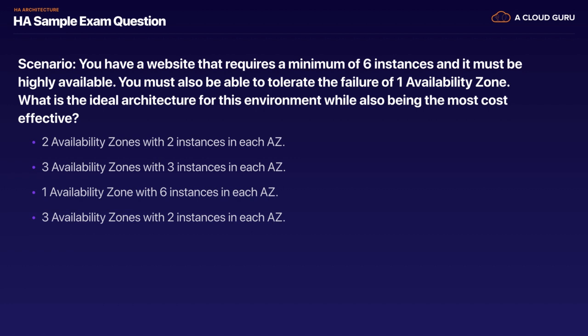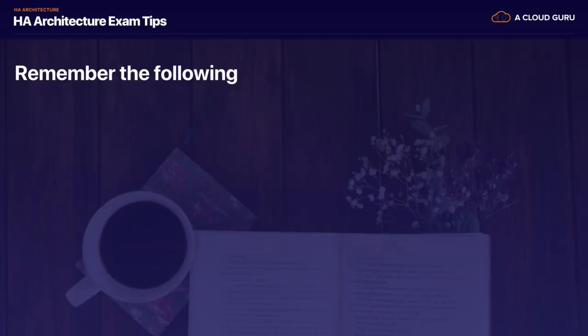If we have 3 availability zones with 2 instances, that will give us 6. But what happens if one of those availability zones fails? We're going to go down to 4, and we need a minimum of 6 instances. So therefore, we're always going to need 3 availability zones with 3 instances to meet this requirement. We're going to need 9 instances in total. That way, if we lose one AZ, we've still got 6 instances that will be able to look after our environment. That was an example of a typical exam question that you might see.